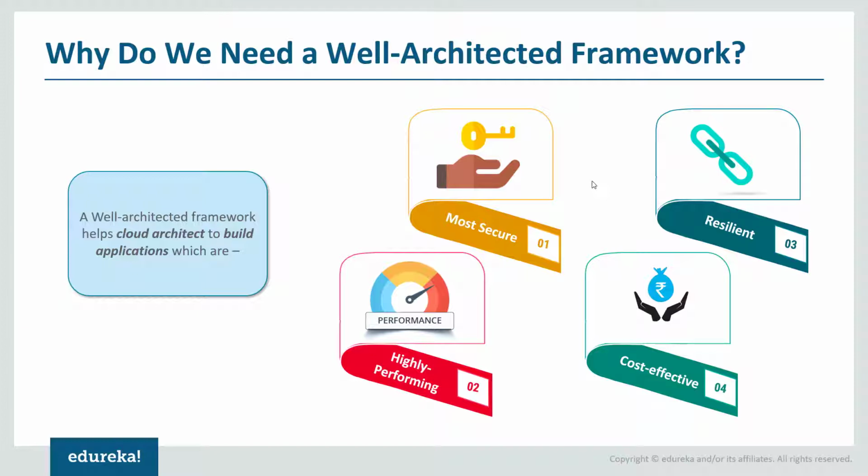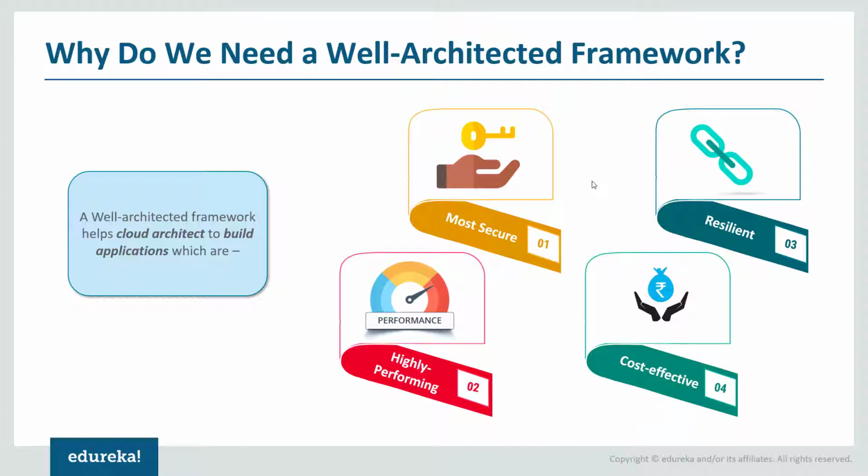An AWS well-architected framework will help the organization implementing AWS to ensure that the applications running on the AWS cloud are secure, performing to the most possible peak, resilient, and also at the cheapest cost. These are the four parameters that will be addressed as a part of the well-architected framework.